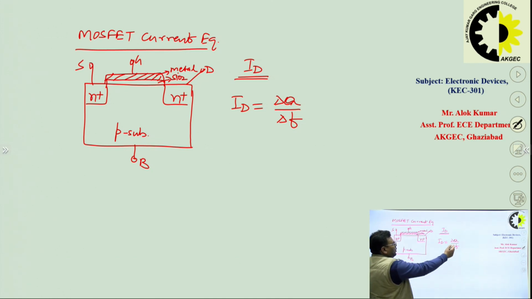So, delta Q, or this charge, is separated when we are applying the voltage at the gate terminal. Then positive charge will accumulate on the metal, and the negative charge will accumulate near the interface of oxide and the semiconductor, right.